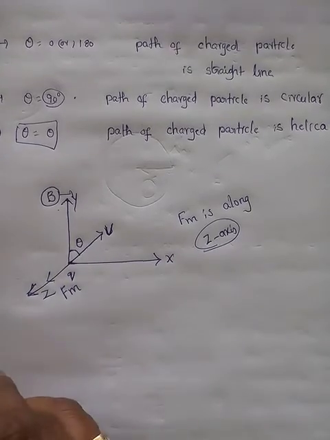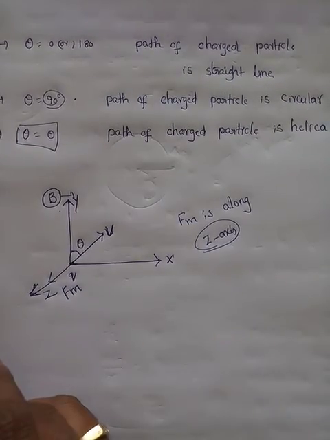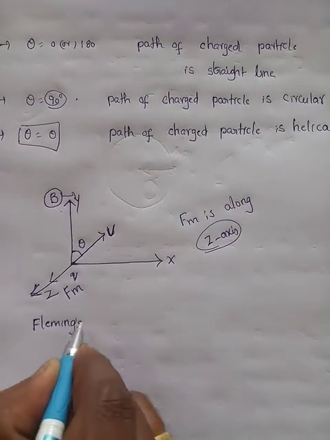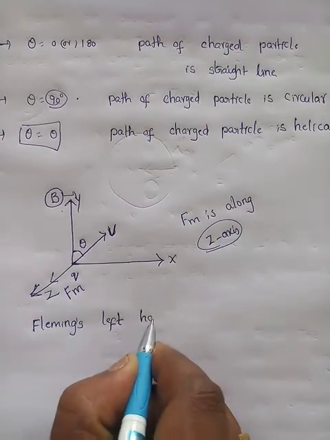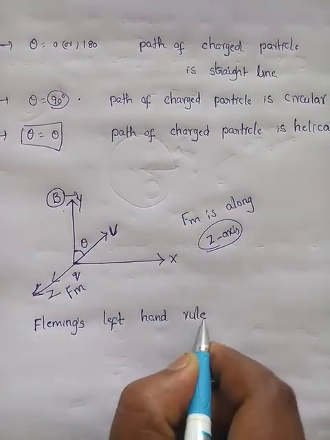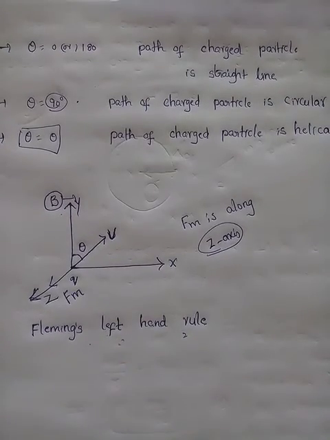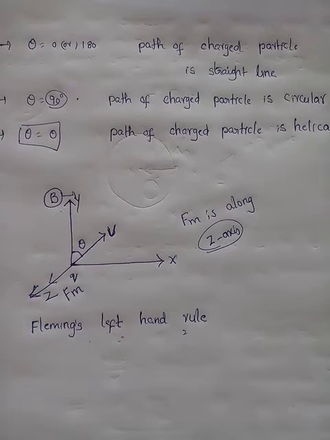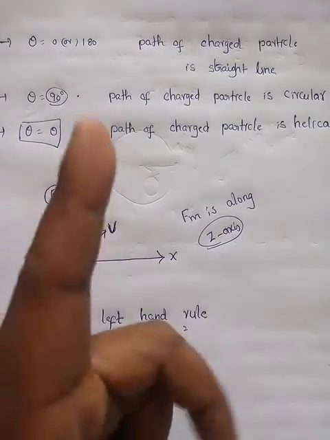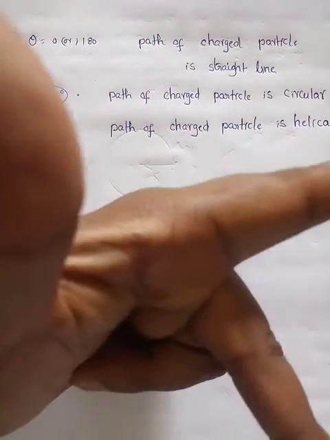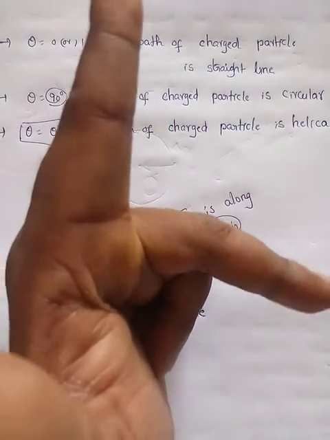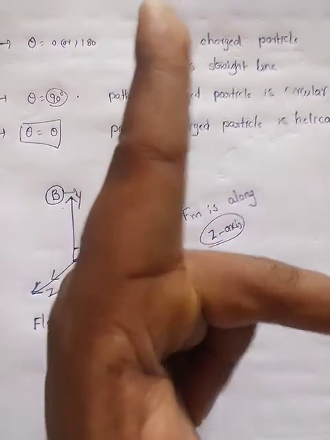I am explaining Fleming's left hand rule for the direction of force on a positive charged particle. This rule is very simple. You take your left hand and stretch it like this. The three fingers, forefinger, middle finger and thumb, should be mutually perpendicular to each other.